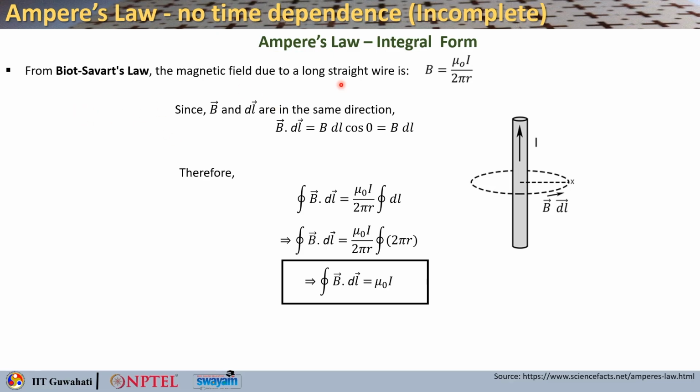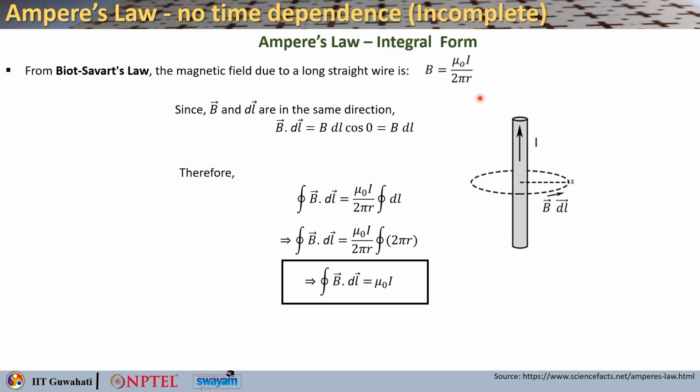The magnetic field due to a long straight wire is simply B equals mu naught I by 2 pi r. Here, mu naught is the vacuum permeability, I is the amount of current, and 2 pi r is the circumference around the wire.